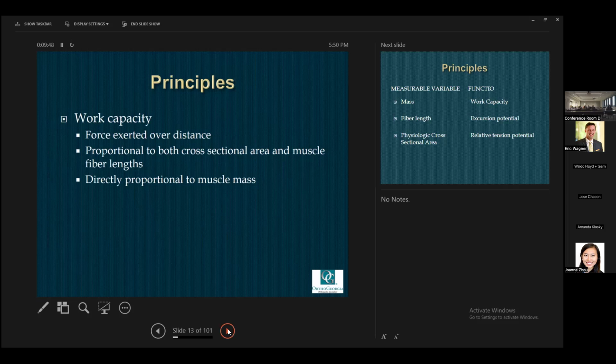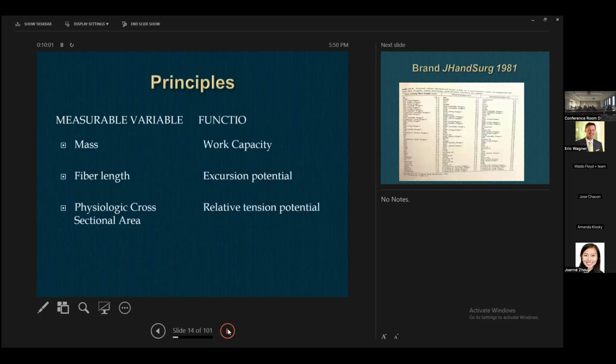So we all know from physics that work is force times distance, and that's proportional to both the cross-sectional area and muscle fiber length, and directly proportional to the muscle mass. And this I've just added, that this came out of Brand's book where he studied cadaver muscles, and studied their mass, fiber length, and physiologic cross-sectional area.